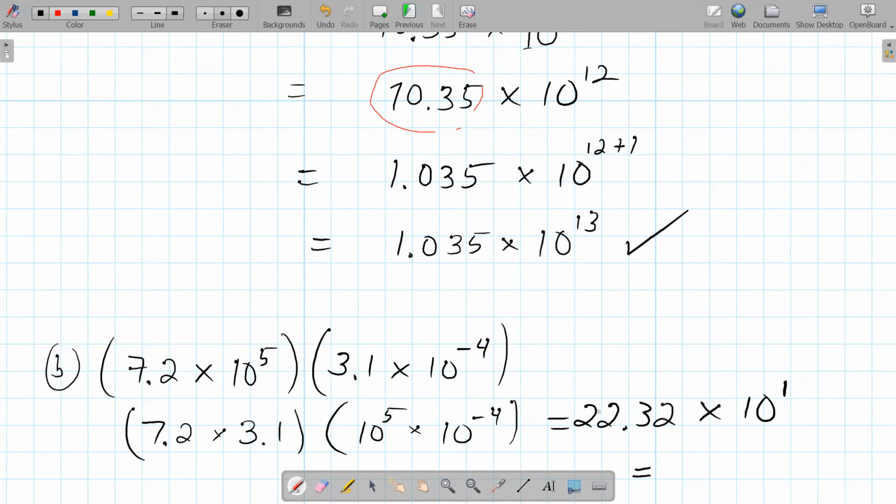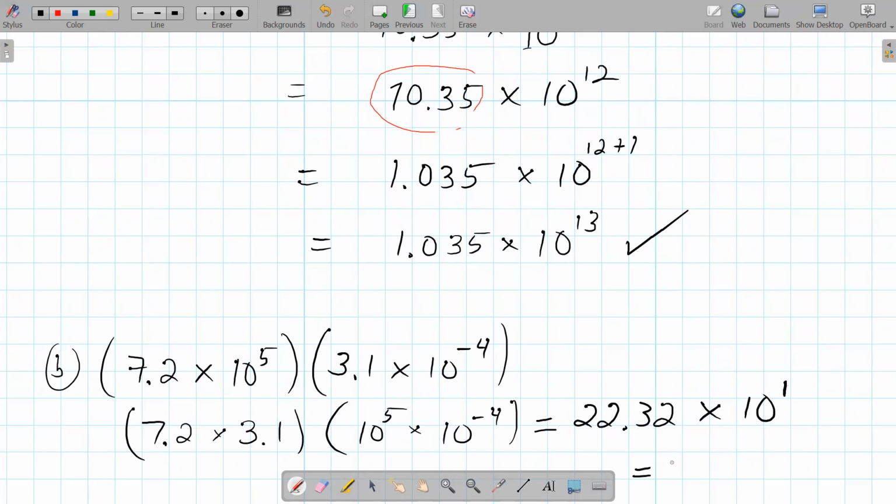Again, this is 22.32. It is bigger than 10. Remember, the condition is that the number here should lie between 1 and 10. Because it's bigger than 10, what I've got to do is move the decimal point back one time. And because I move back, the number of times that I move back is positive. I add it to whatever the power here is.